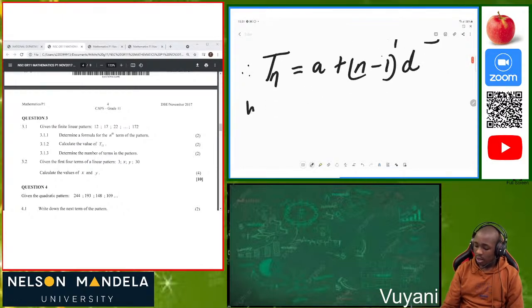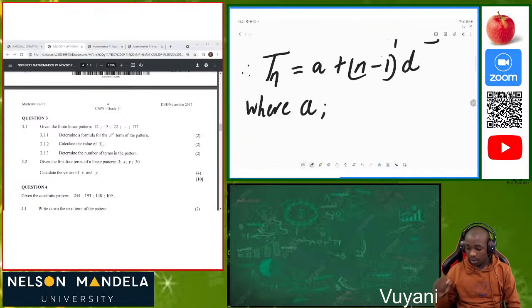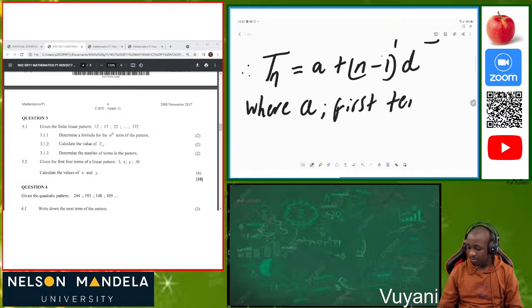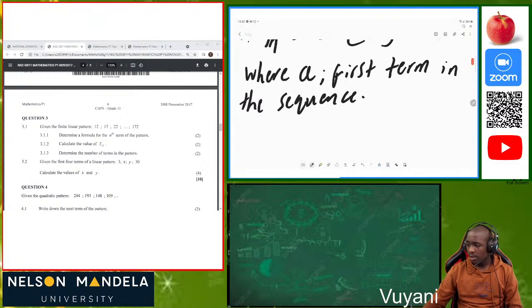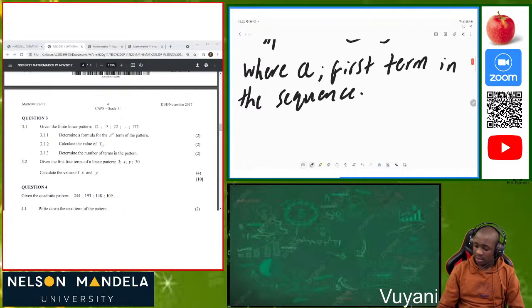Where a is the first term in the sequence, and d, as we said earlier, is our constant difference.